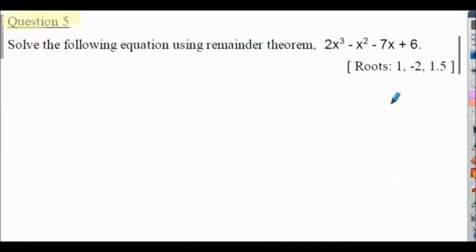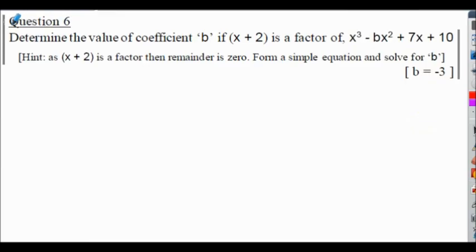Question 5, basically solve this expression using remainder theorem, answer shown in the bracket here. And question 6, posing a slightly different problem here, we're asked to determine the value of the coefficient labelled as b if x plus 2 is a factor of the polynomial expression x cubed minus bx squared plus 7x plus 10.